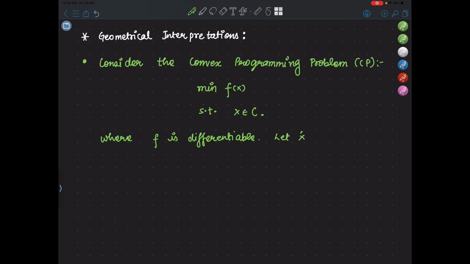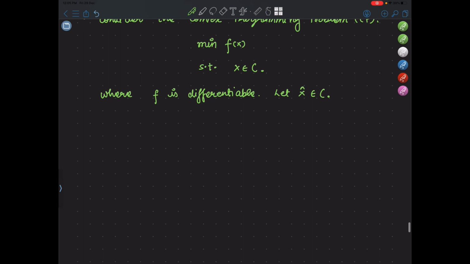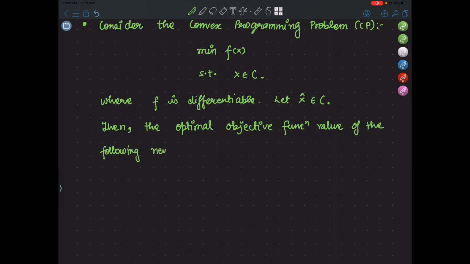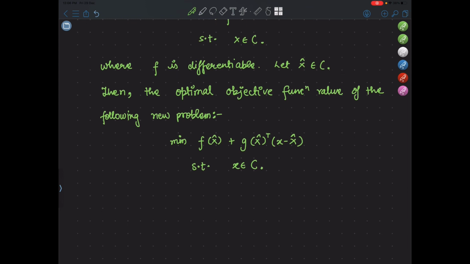Now let x hat be some point belonging to set C. Then the optimal objective function value of the following new problem, minimize f(x hat) plus g(x hat) transpose (x minus x hat) such that x belongs to C, gives a lower bound.